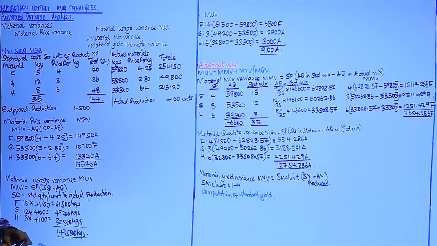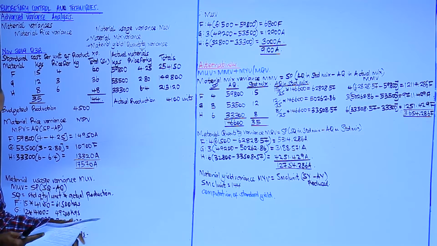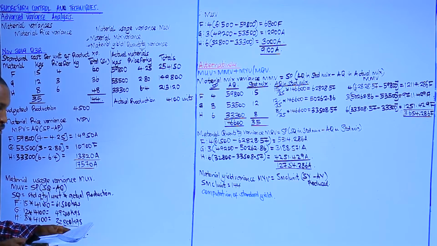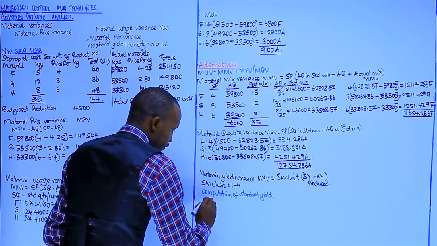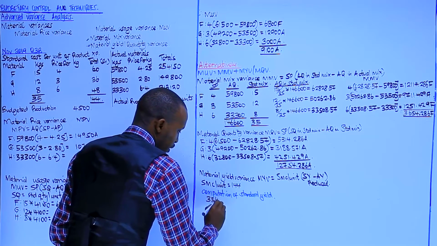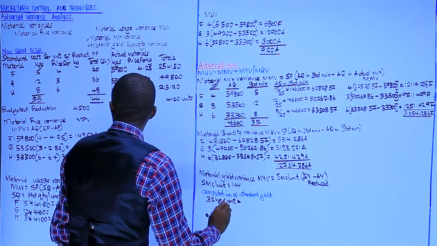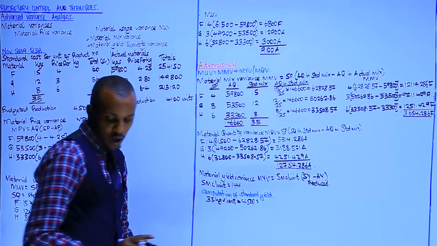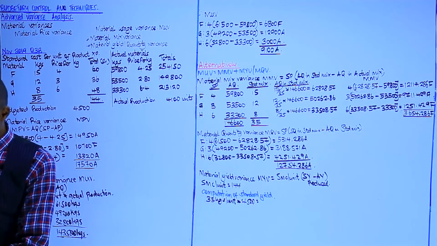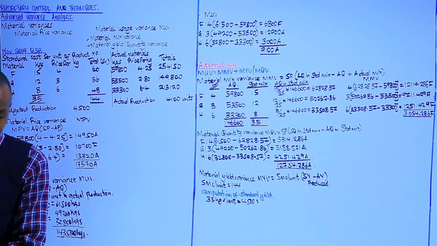35. If we produced 4,500 units, how much quantity should we have used? So we first identify the kgs we should have used for our budgeted production, keeping in mind that you are using 35 per unit.